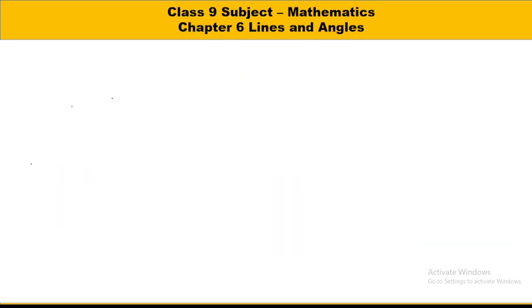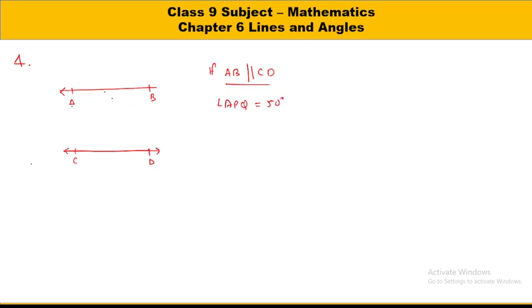Now we have question 4. In question 4, a figure is given where two lines are there, line AB and line CD. It is given that line AB is parallel to CD, angle APQ is given as 50 degree.